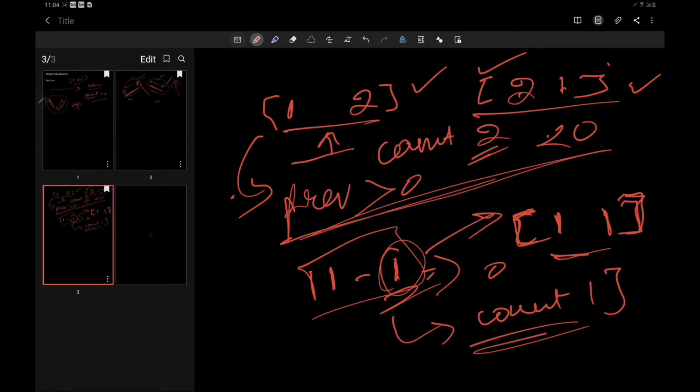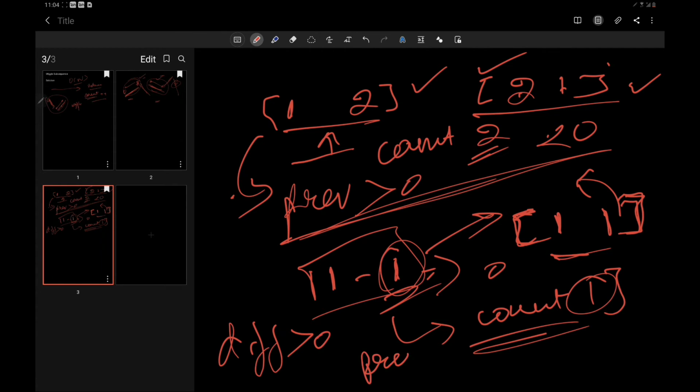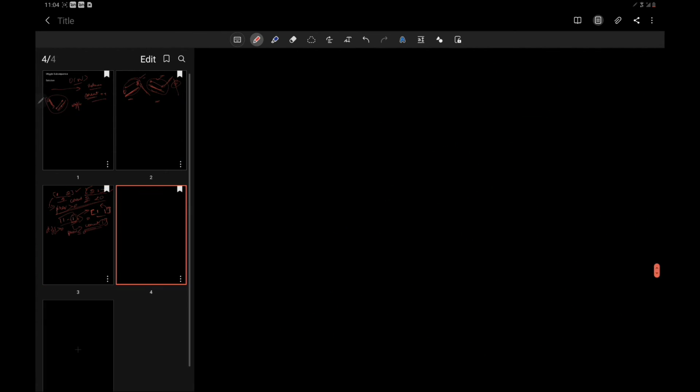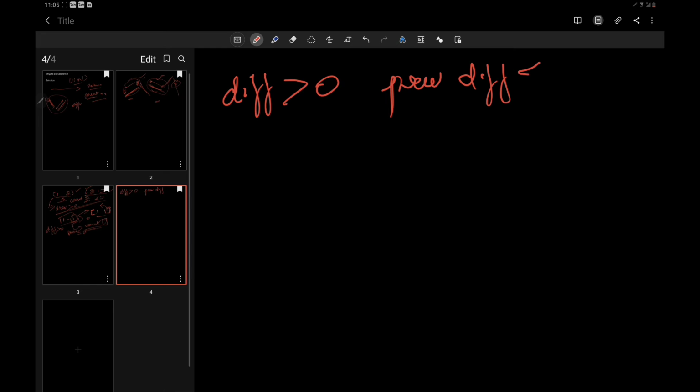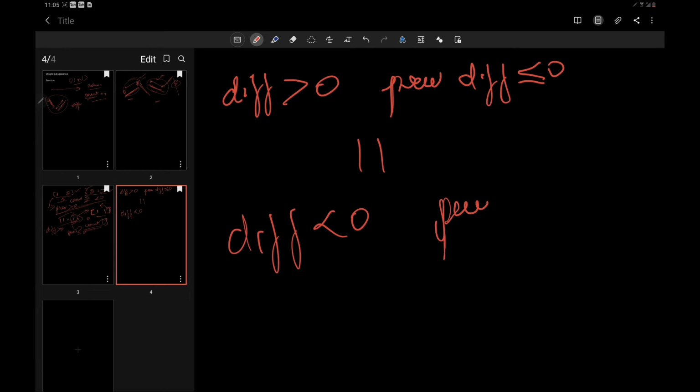And in the equal to case, how we are going to check here is that the count value will be set to 1. Now previous difference: when we are checking the current difference as greater than 0, then the previous difference can be less than or equal to 0. Let's write it here. When we are checking for the new difference that is greater than 0, then the previous difference should be less than or equal to 0, or if the difference is less than 0, then the previous difference would be greater than or equal to 0, and the count value will be set accordingly.